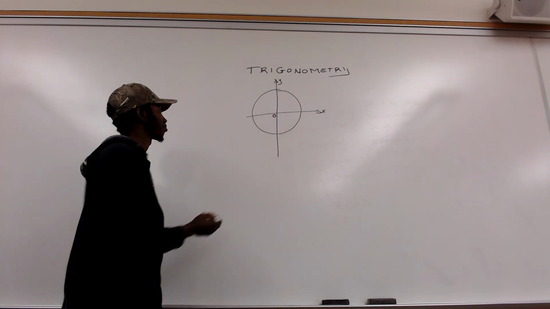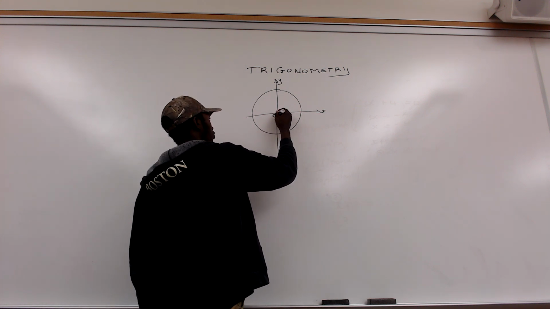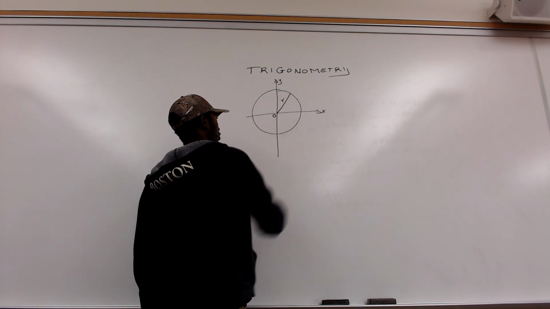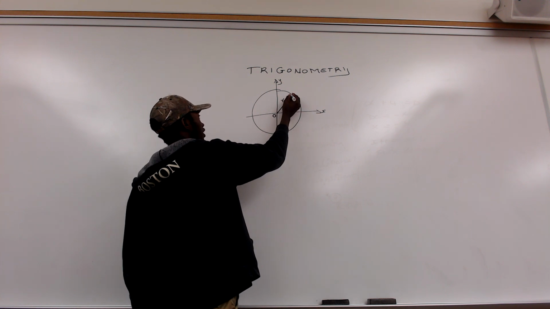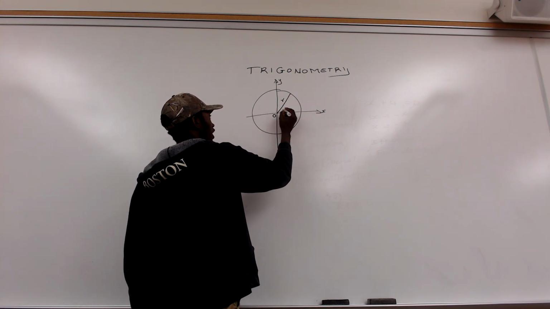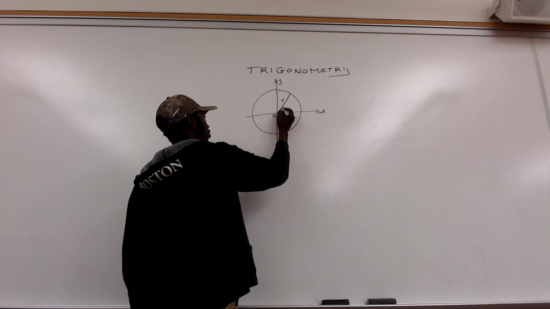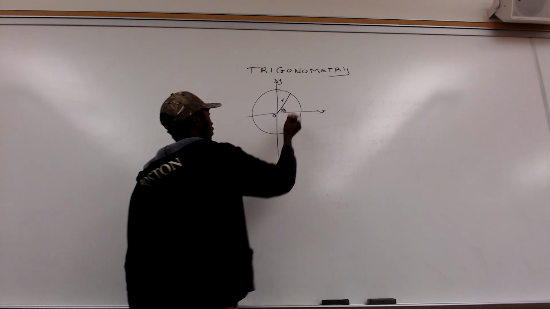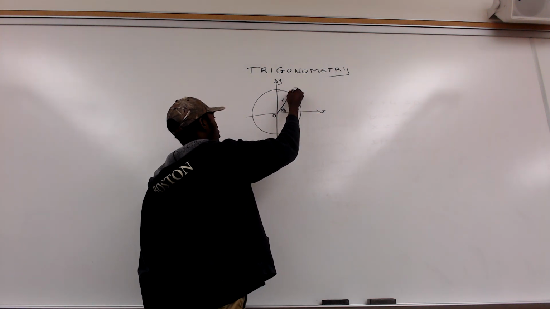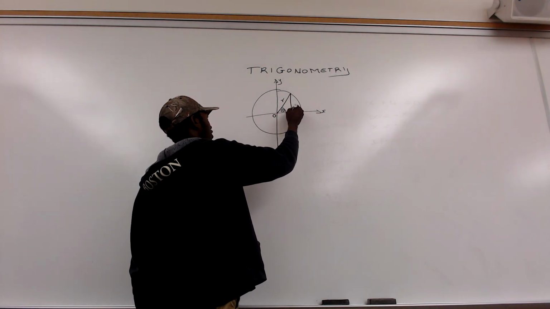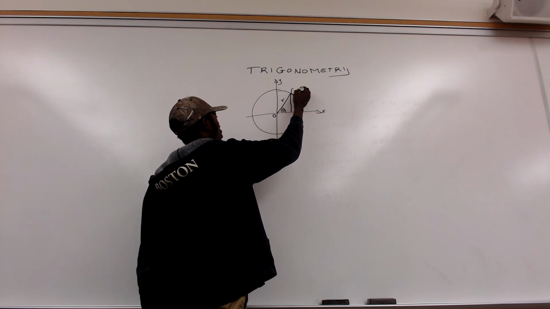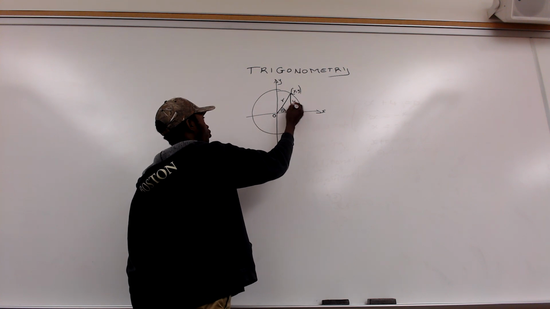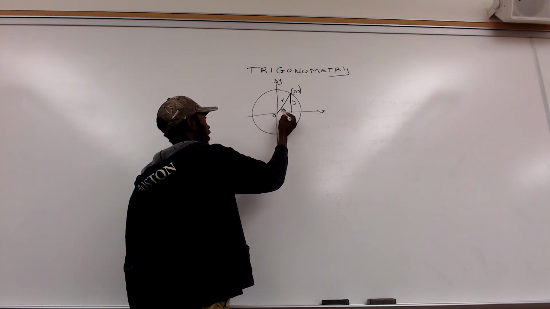From the center of the circle to any part of the circumference, we refer to it as the radius. This radius and this horizontal line form an angle; let's call that angle theta. If we continue, let's say we drop a perpendicular line from this point. We name this point x, y, the vertical we name y, and this here we name x.